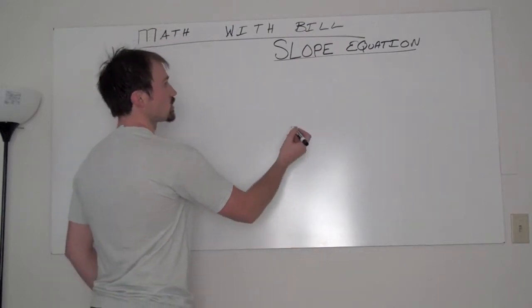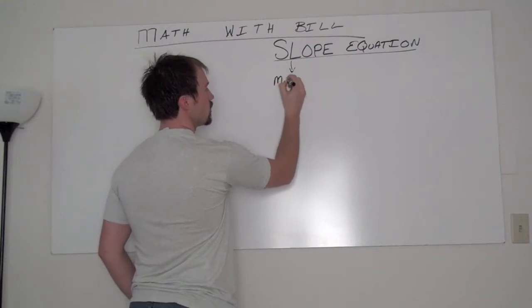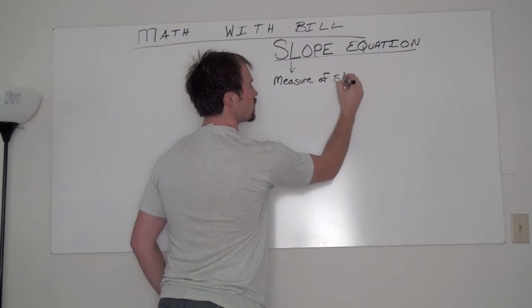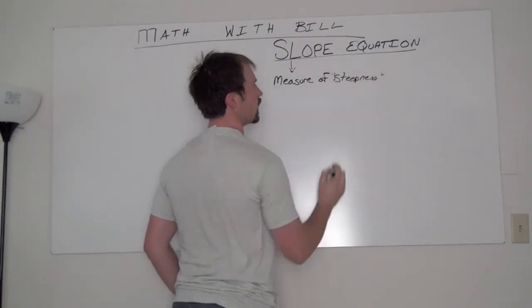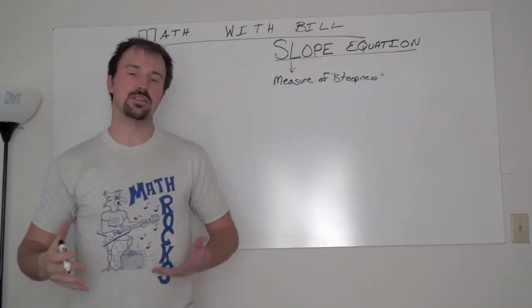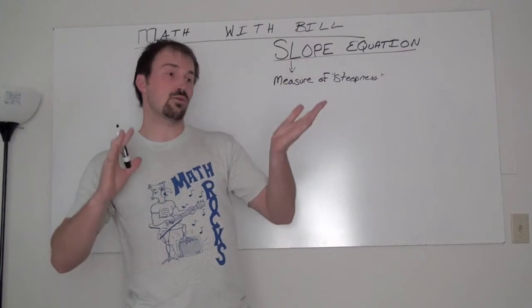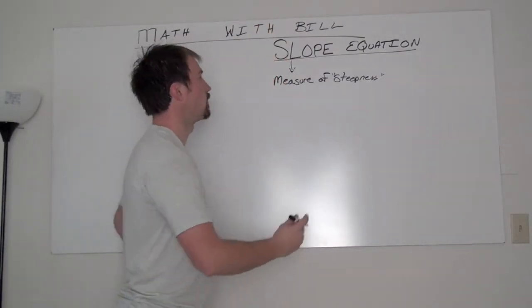Great. So our slope, just as a quick reminder, is a measure of the "steepness" of a line. It measures how radically we're moving up or down a line.